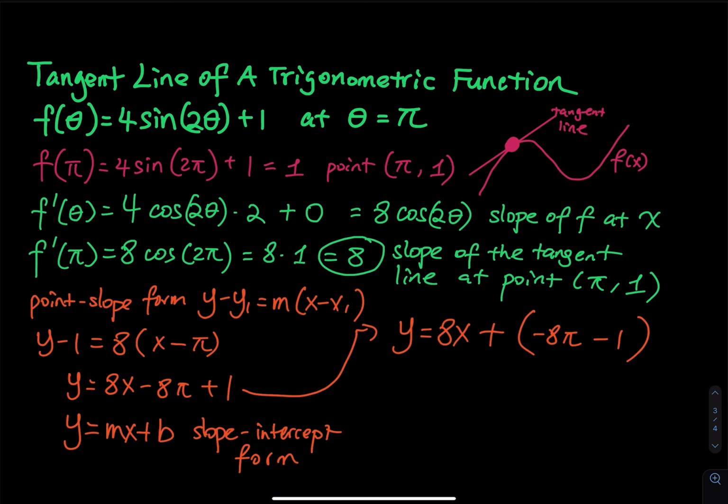The slope is equal to 8. The y-intercept is when x is equal to 0, y is equal to negative a pi plus 1.